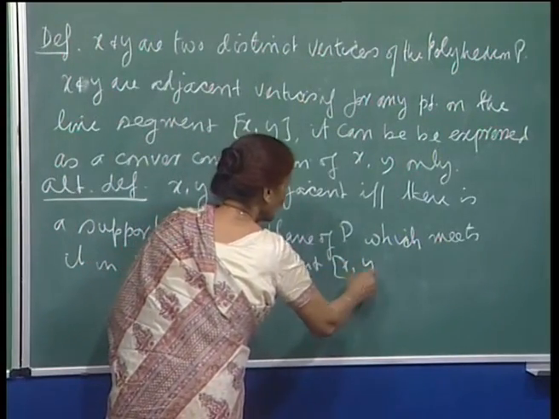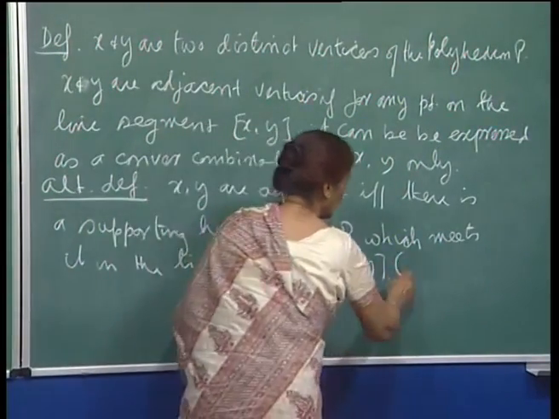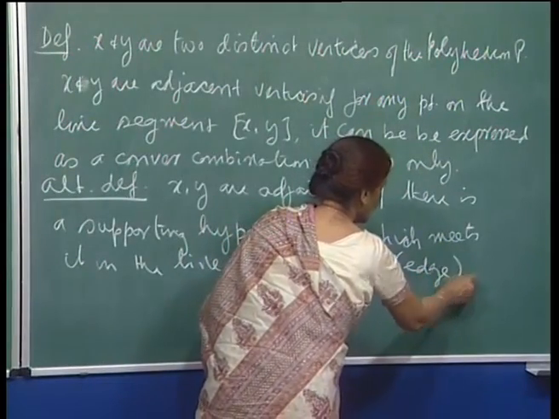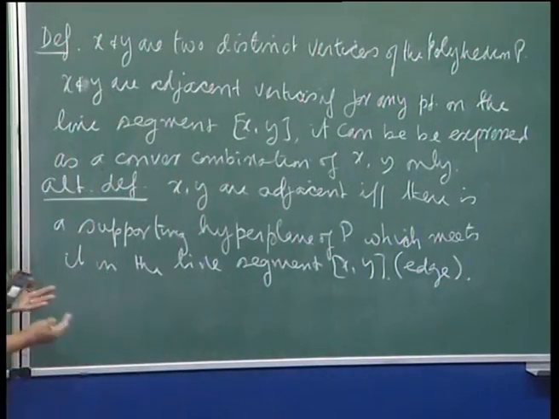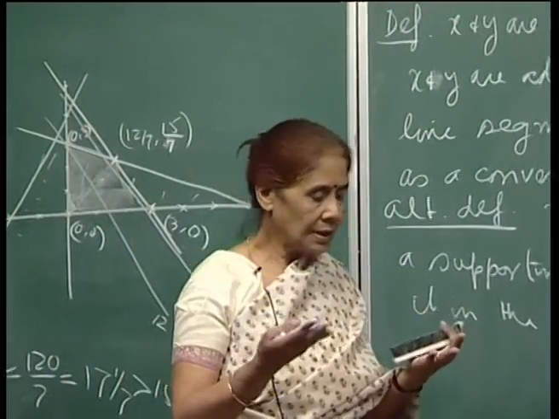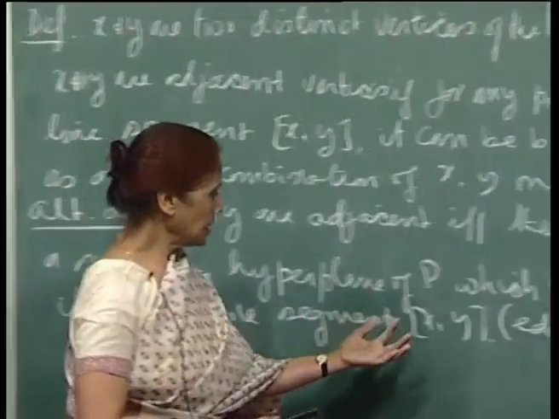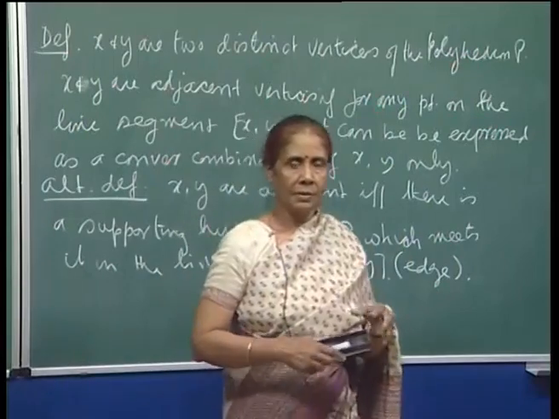We remember we were also calling this an edge. This is an edge, right. So, if the supporting hyperplane meets it in an edge, then these are adjacent and vice versa, right.